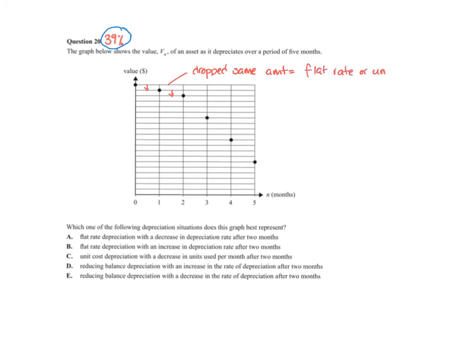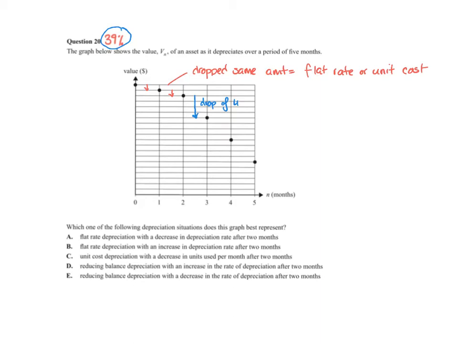So same amount, and that equals either flat rate or unit cost, yes? Because unit cost means it's dropping by the same amount, okay? So at that part of the situation, it's flat rate. Now, all of a sudden, we see a drop of 1, 2, 3, 4, yeah? There's a drop of 4 there. And then let's look at the next thing.